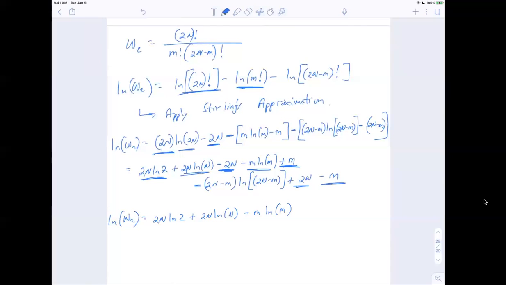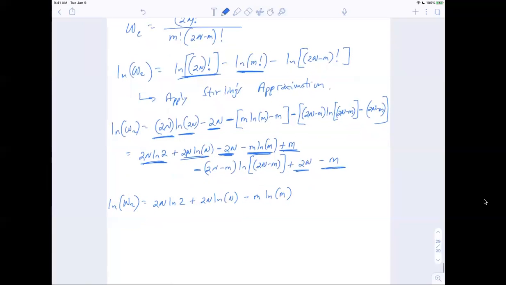And then I have this term in brackets, which I'm going to again decompose as minus 2n natural log of 2n minus m, and then plus m times the natural log of 2n minus m. So that takes care of this. Yeah, that makes sense. Any questions?